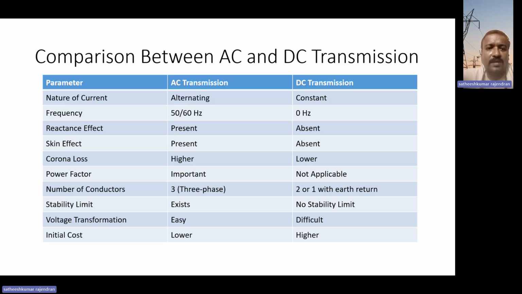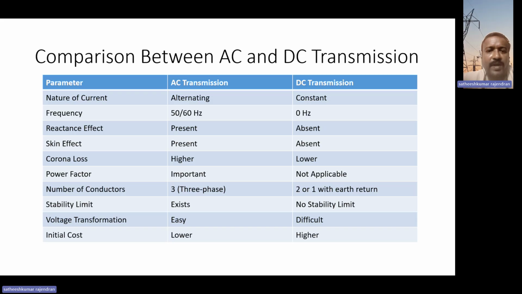The skin effect is present in AC transmission, and in DC transmission it is not there. Corona loss is a hissing noise and violet glow, with wastages that are very high due to long transmission lines. It is high in AC, but in DC transmission it is low.